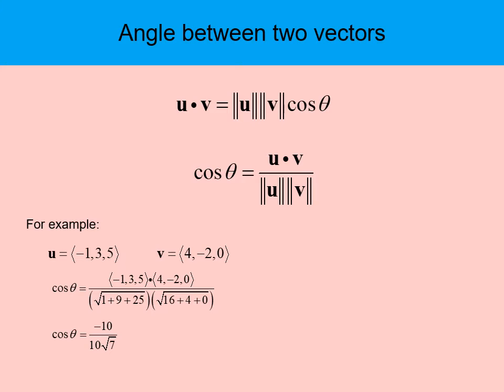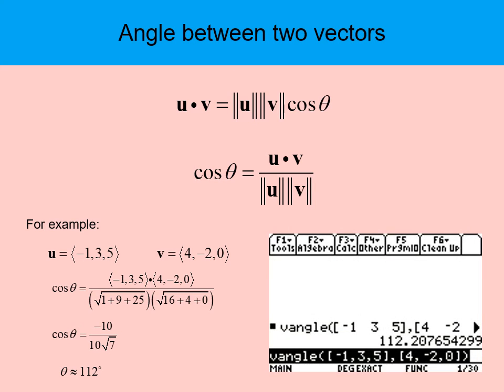And so that comes out to be approximately 112 degrees. Now the little program that I had that does this on the TI-89, you just type V angle, then the two vectors, and it gives the angle in degrees.